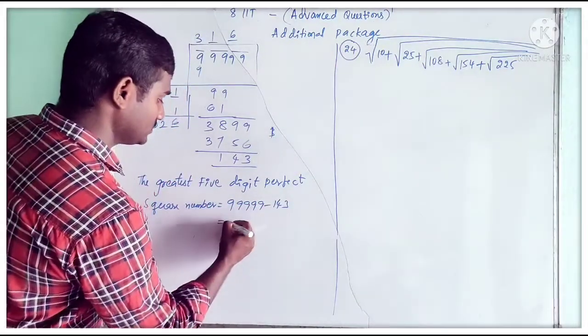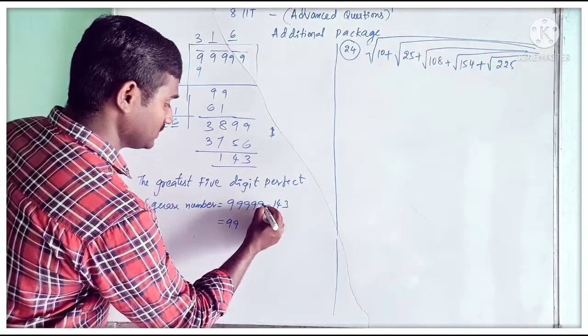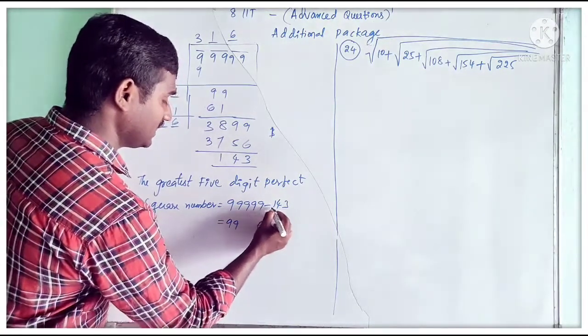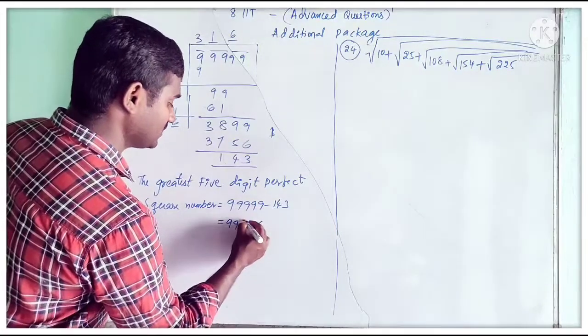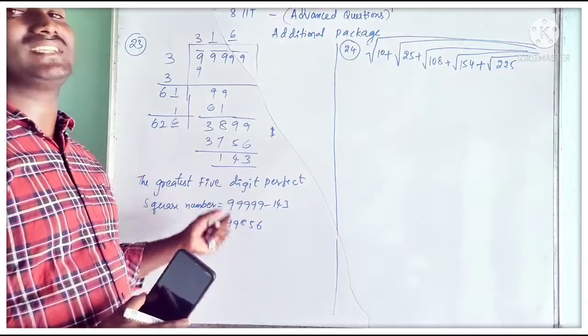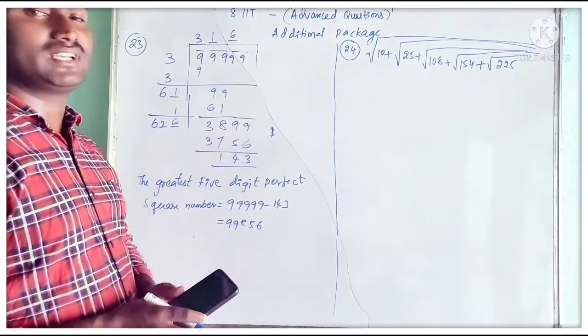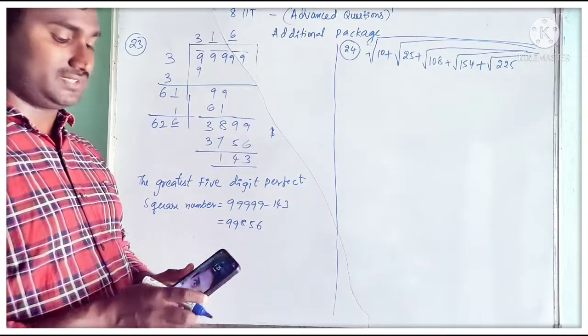It becomes 99,000. So here 9 minus 3 is 6, 9 minus 4 is 5, 9 minus 1 is 8. So 99,856 is the greatest 5-digit perfect square number. Okay, this is the required answer for this.